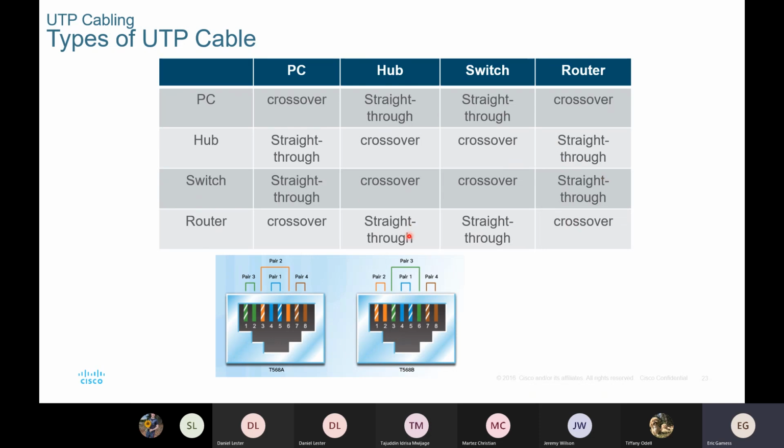So sometimes you have to use a crossover cable, sometimes a straight-through cable. Remember that for a crossover cable, on one end we have the 568A, on the other end we have the 568B.